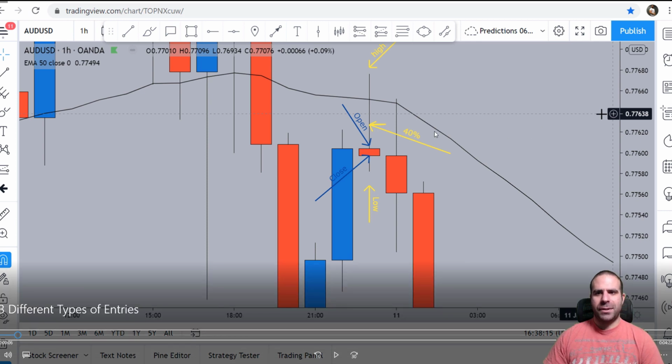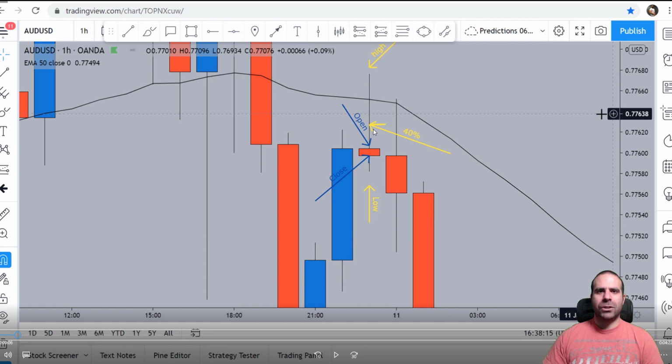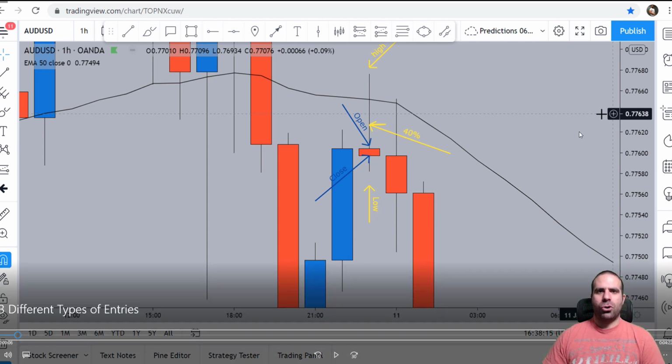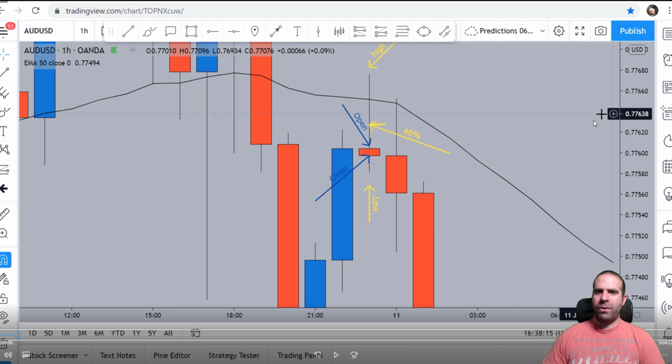Here you can see I have written down the 40%, which is the 40% from the bottom or the 60% from the top for the bearish candles and the exact opposite for the bullish candles. So when I'm referring to the 60% rule, this means that for a short trade we would be entering exactly here by measuring the candle with our Fibonacci tool.